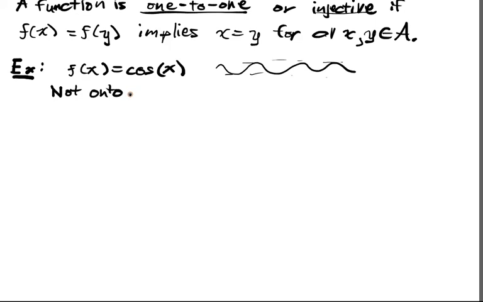Is it injective? So it's not onto, but it's also not 1-to-1. Sometimes we'll abbreviate 1-to-1 like this. And why is that? Well, it's periodic, so at every 2 pi, it reiterates itself. And so I'm going to have actually a lot of points going to the same point in the codomain.